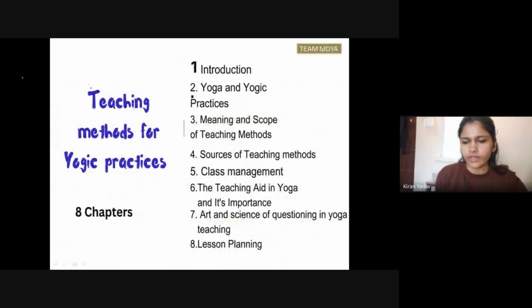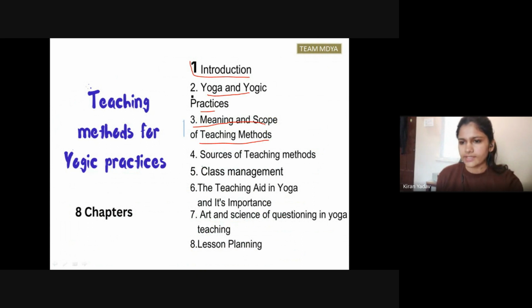The book Teaching Methods for Yogic Practices has 8 chapters. First, let's get familiar with the names of the chapters. First chapter is Introduction. Second chapter is Yoga and Yogic Practices. Third chapter is Meaning and Scope of Teaching Methods.